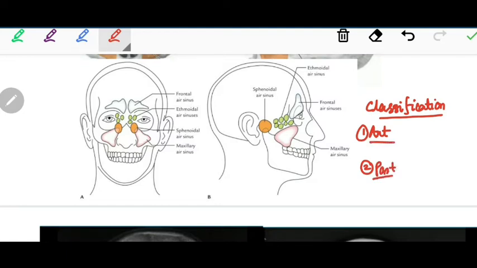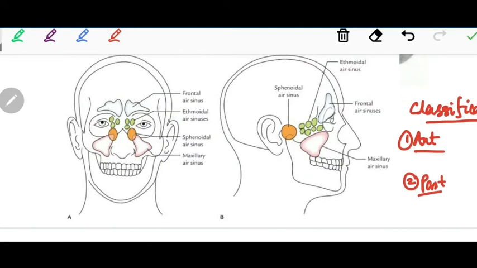What is the anterior group? The anterior group includes those sinuses which drain into the middle meatus of the nasal cavity. You know, all the sinuses drain into the nasal cavity, to be more specific, into the lateral wall of the nasal cavity.